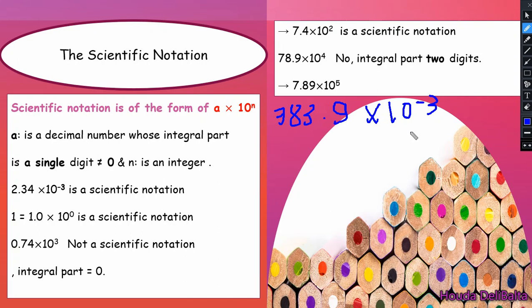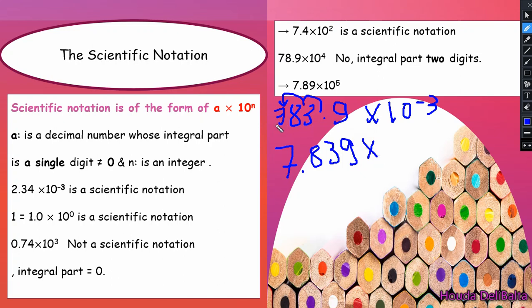That's not a scientific notation because I have 3 digits in the integral part, and I just want 1 digit. I have to move the decimal point 1 step and another step, so by 2 steps. I will get 7.839 times. What should I do?